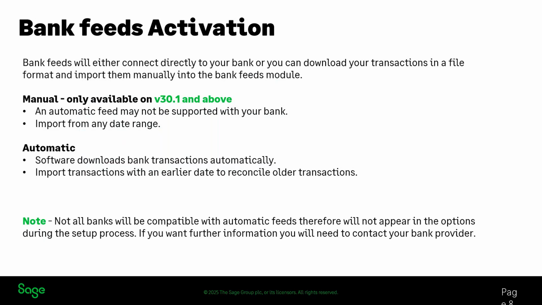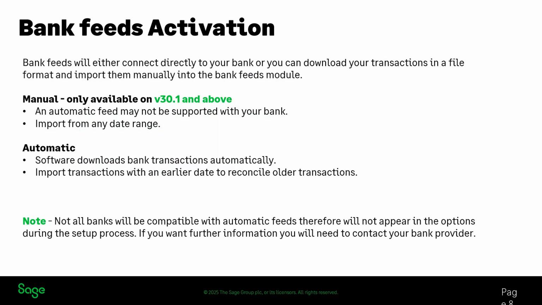Now, as I said, not all banks are compatible. So in version 30.1, we introduced the manual way, as we call it, where you can go to your bank, log into your online banking, and download a list of your transactions as they come in.